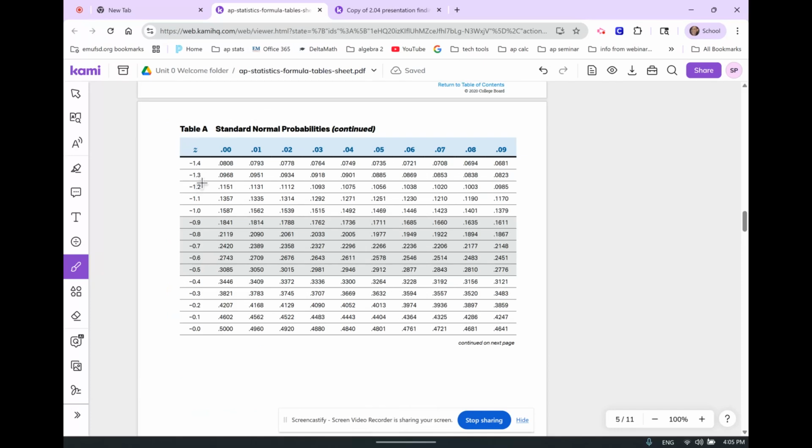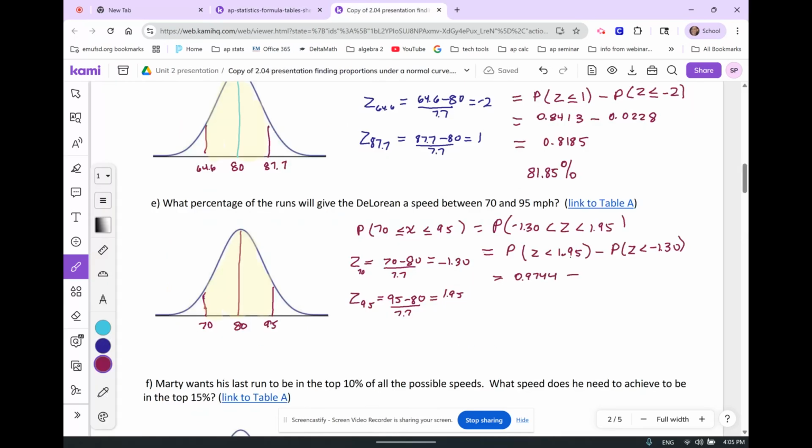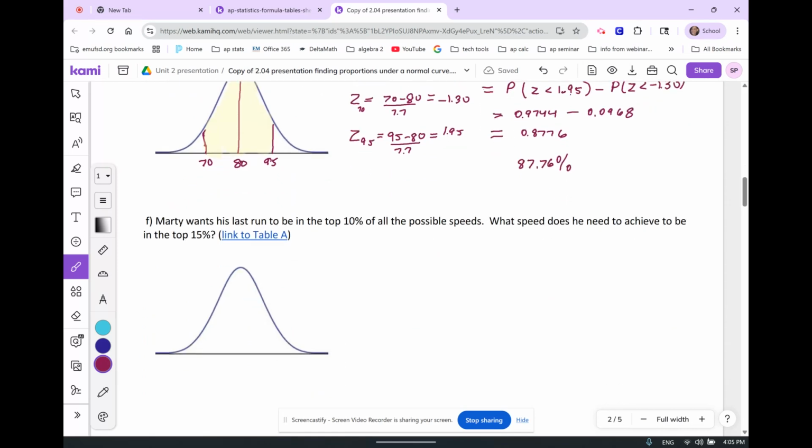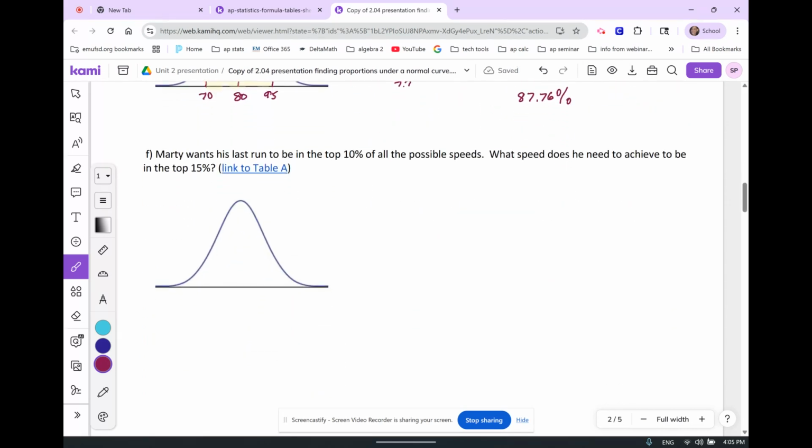So negative 1.30 is 0.0968. And when we do that, we get a value of 0.8776. And as a percentage, it's 87.76%. The last problem I'll have a separate video of.